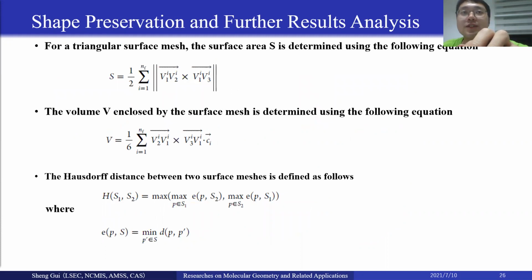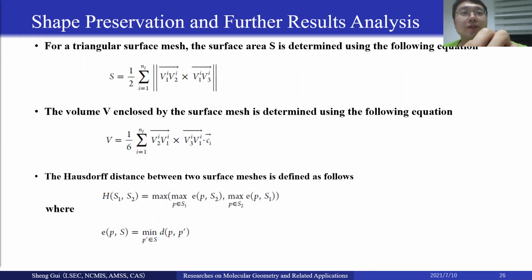In these slides, we first check whether the Gaussian surface is preserved after the process of sparse representation through our method. The area, the volume enclosed by the surface, and the Hausdorff distance are the three criteria to judge whether two surfaces are close enough.